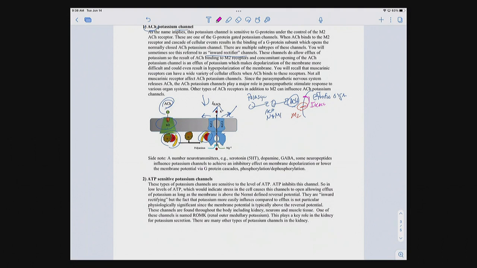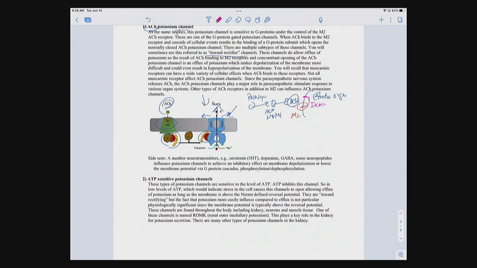Okay, kind of a side note to wrap this up: with potassium channels that are ligand gated, potassium channels where neurotransmitters can influence them through cellular processes, acetylcholine is not the only neurotransmitter that does this.